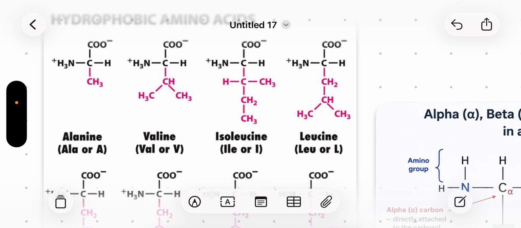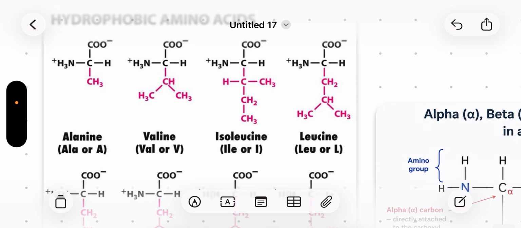When the shared electrons are equally distant from both atoms, we say it is a covalent non-polar bond.